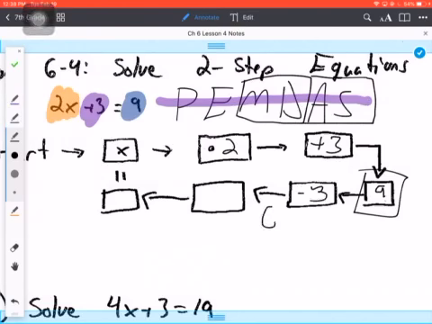And here I'm going to put, now we're at 6, because 9 minus 3 is 6. Looking at my next box, this shows above it a times 2, so I'm going to divide by 2. And finally in this last box here is my answer. 6 divided by 2 is 3.